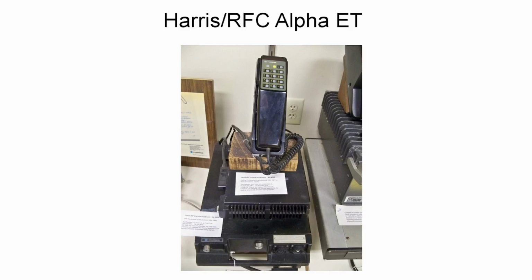So if you want to place a call, you just pick up the handset and it would place the call on the cellular system. But if you're out of range of the cellular system, it would automatically switch over to IMTS and make the call there. And you could receive calls on both systems.